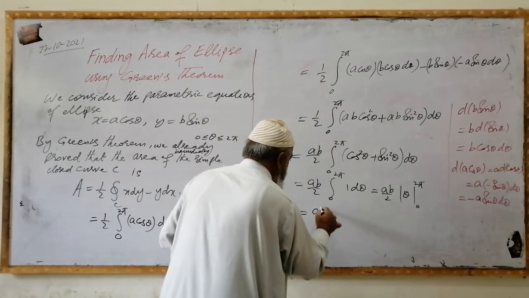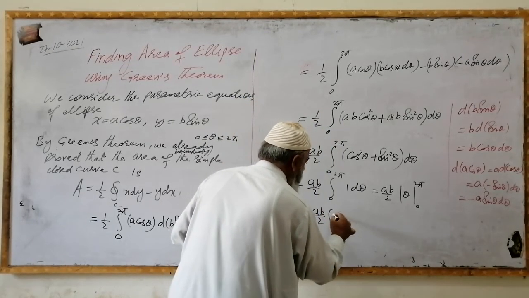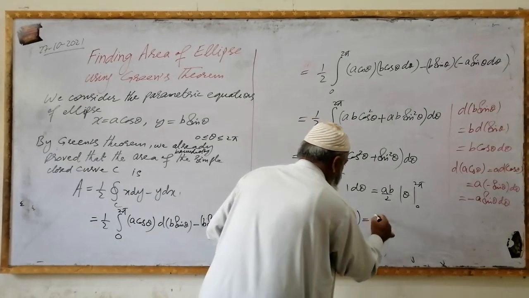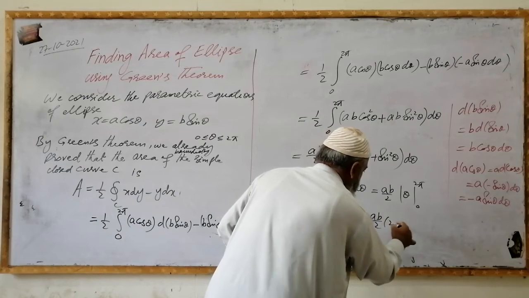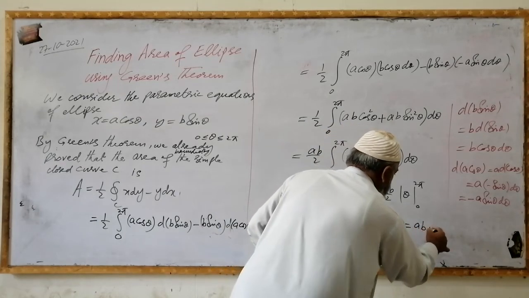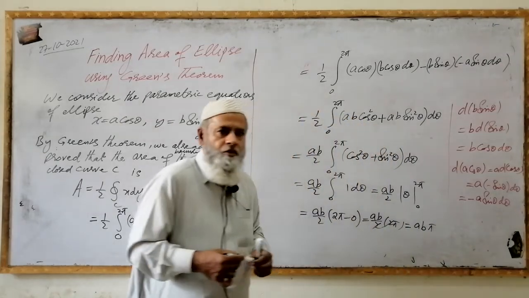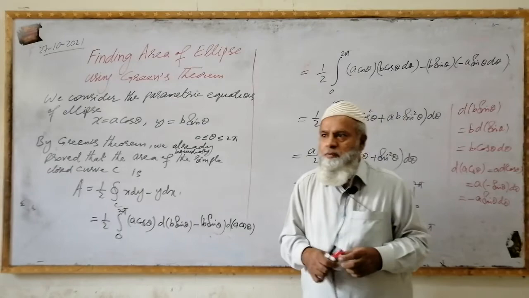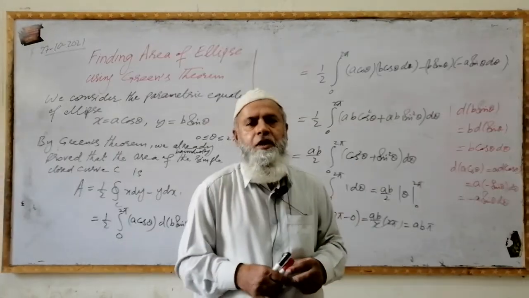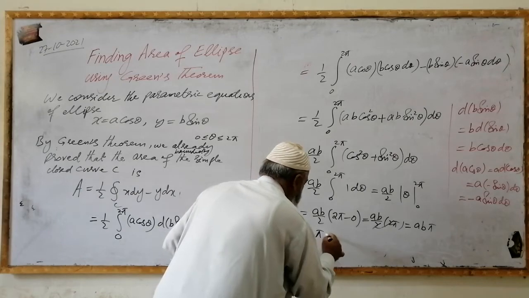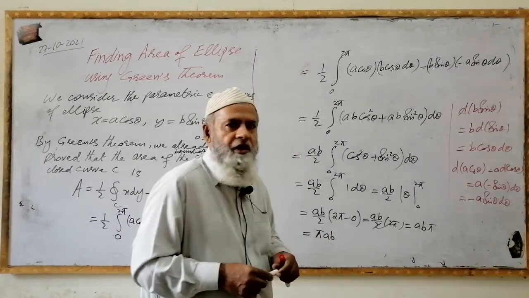This gives you ab over 2 and upper limit 2 pi minus lower limit 0, and this will give you ab over 2 into 2 pi, cancelling 2, we have ab pi. You already knew the area of the ellipse is pi ab.